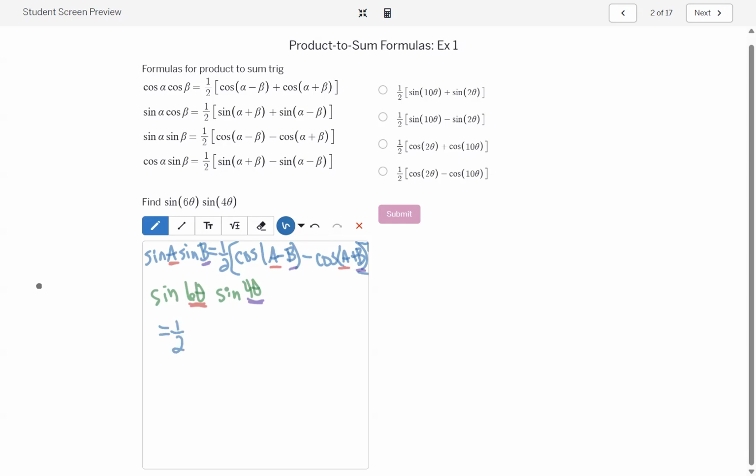So 1/2 bracket cosine 6 theta minus 4 theta, minus cosine of 6 theta plus 4 theta.